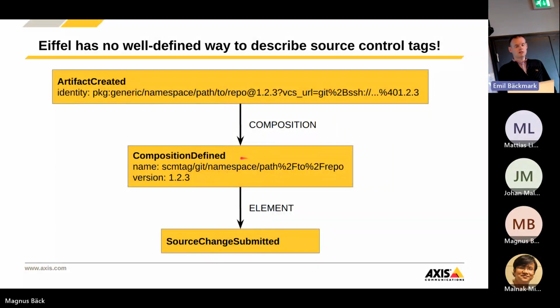We're specifying a namespace, which in our case represents our Gerrit server, and then the actual source code repository as a URL encoded string. And here is the actual tag name. And in the artifact, we use, this is actually standardized how it's supposed to be done, more or less at least.